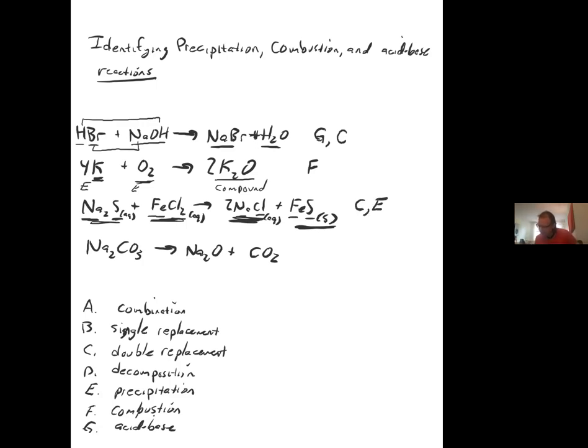Okay. And then the last one, let's look at the last one here. If you look at this one, it's a compound and it's breaking up into two smaller compounds, less complex.